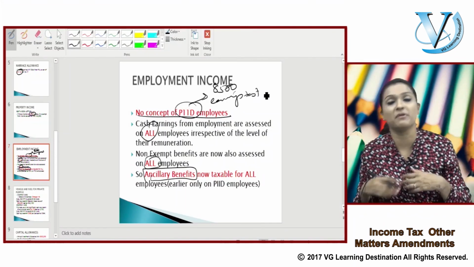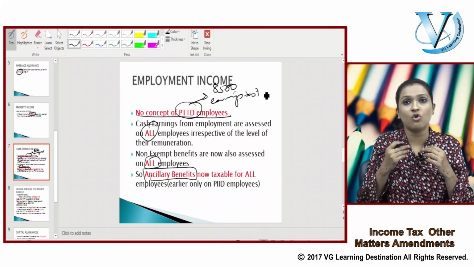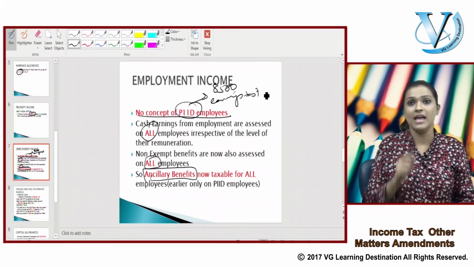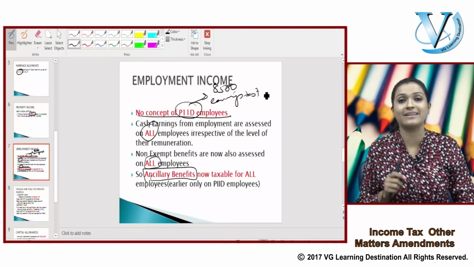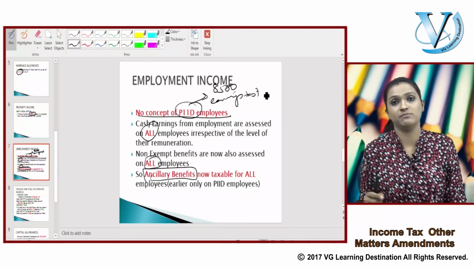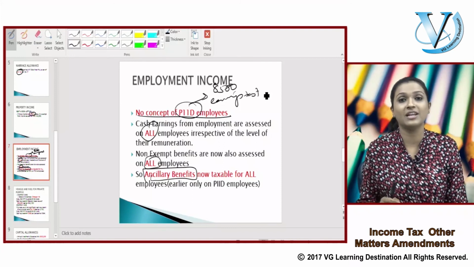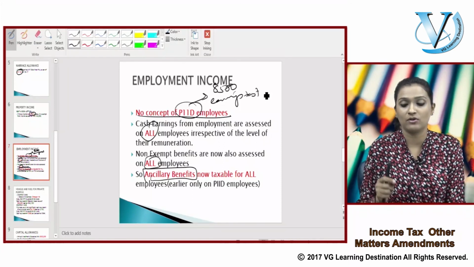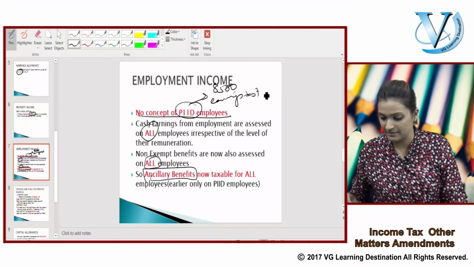That you need not perform anymore. Why? Because there is no further concept of P11D. Employee ancillary benefits are taxable for all types of employees. So definitely you need to consider the impact on employment income.